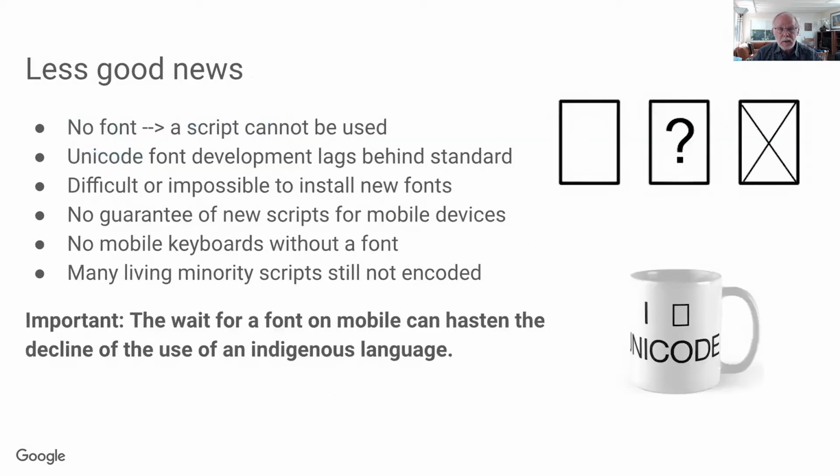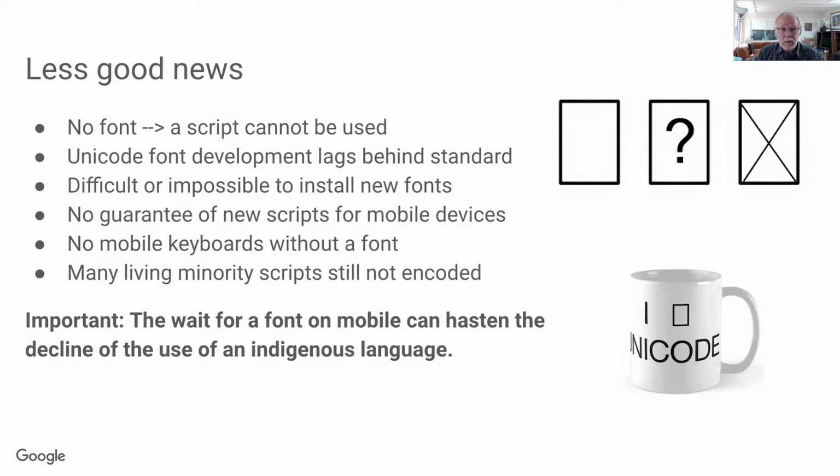There is some less good news. Of course, we've all seen a situation where, when there's no font, we just see empty boxes. Those are typically called tofu. They mean basically that the characters can't be rendered because there's no way to show the shape. In Unicode font development, even when there is a font, it often lags behind the standard, sometimes by months or even years.